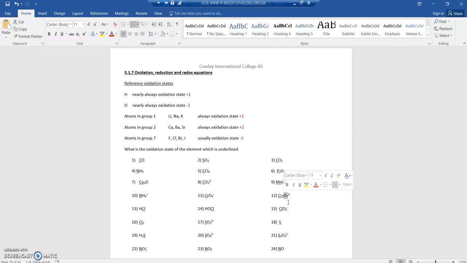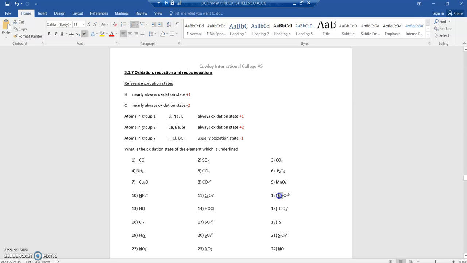So the 2 Cr's with minus 14 leave 2 minuses left over. So X minus 14 leaves minus 2. The 2 Cr's together are plus 12. Plus 12 minus 14 leaves minus 2.